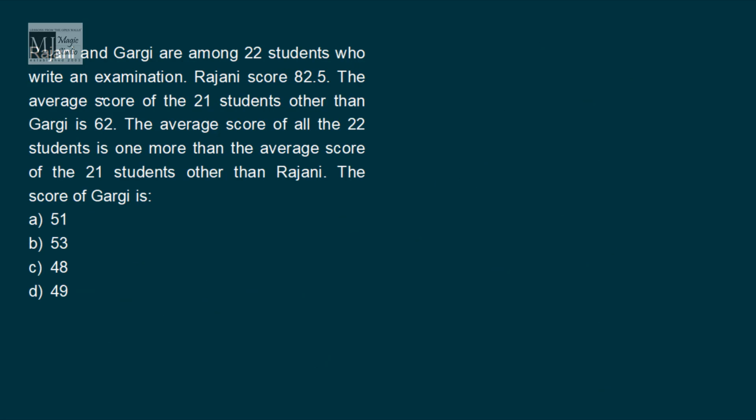Rajni and Gargi are among 22 students who write an examination. Rajni's score is 82.5 and let Gargi's score be X. We have 20 more students and their average score is S, so the total score is 20S.